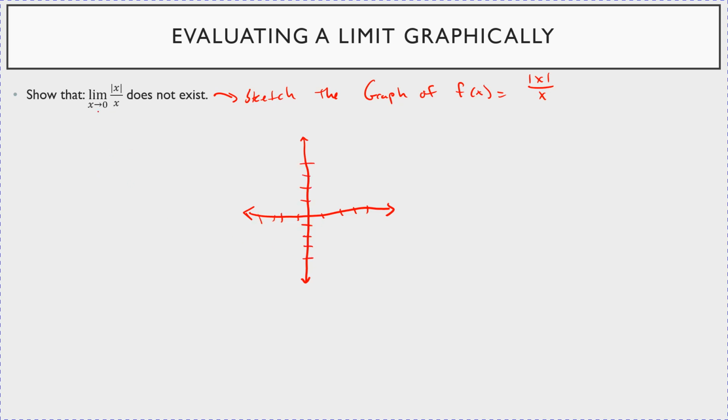Well, look, you can't plug in 0, first off. When you plug in 0, you get 0 divided by 0, that's undefined.